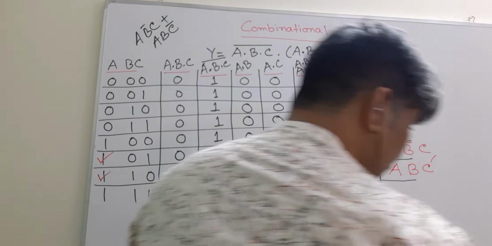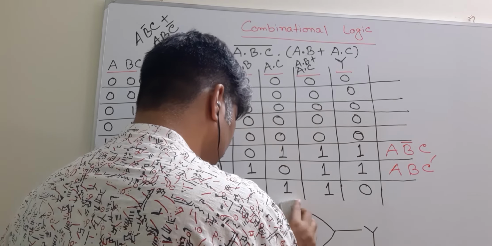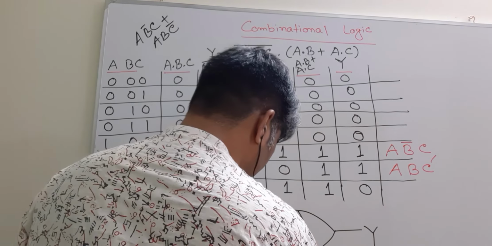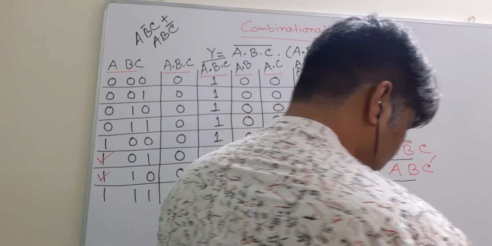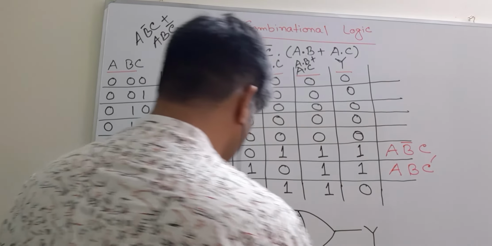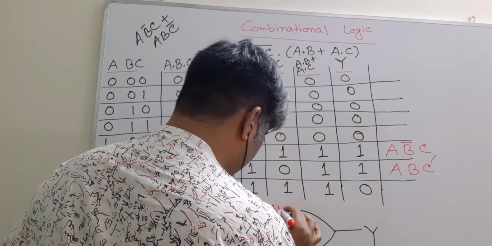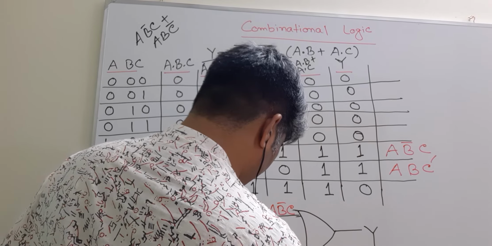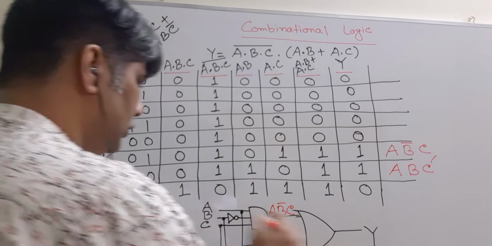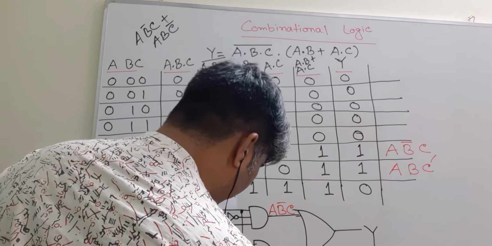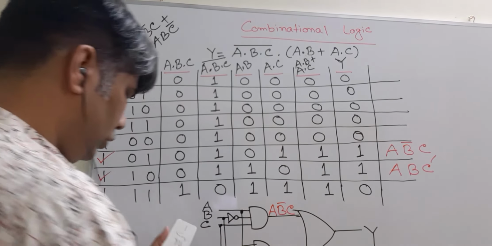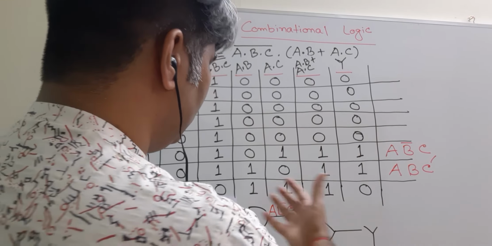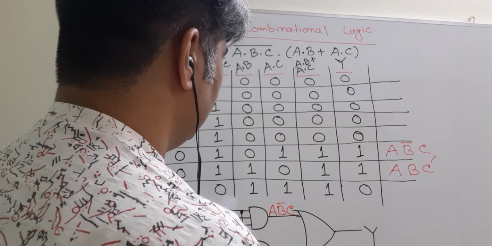Let me use a different color. This line is A, B prime, C, and this one is A, B, C prime. So this is our sum of product notation circuit. This circuit will execute the sum of product notation.